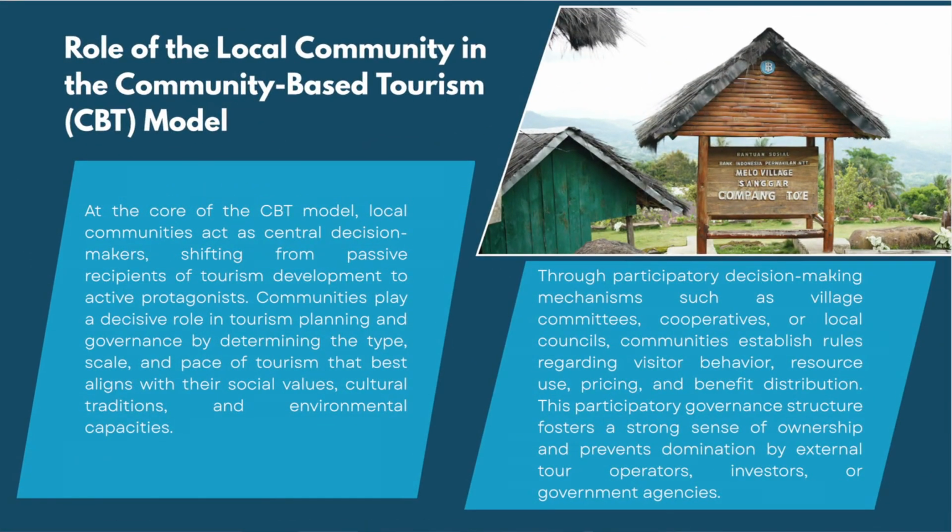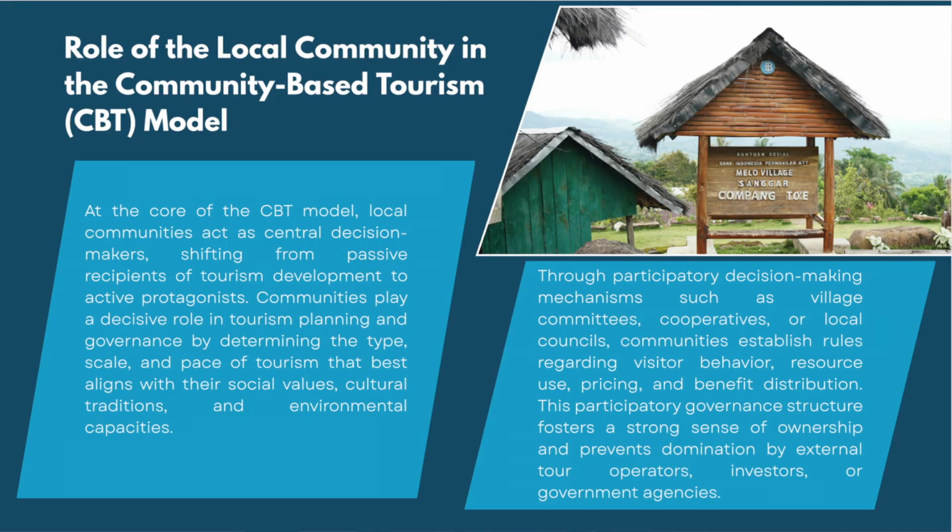At the core of the community-based tourism model, local communities act as central decision makers, shifting from passive recipients of tourism development to active protagonists. Communities play a decisive role in tourism planning and governance by determining the type, scale, and pace of tourism that best align with their local values, culture, traditions, and environmental capacities.